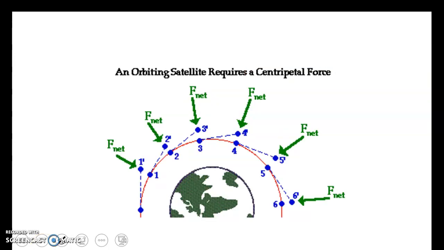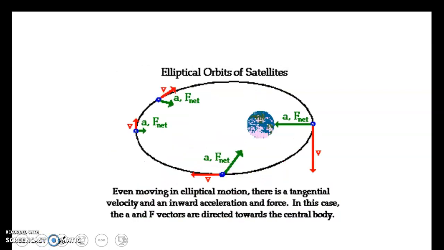Now, this centripetal force keeps a satellite in orbit, because our satellite wants to go off at a tangent, but there's an inward force pulling it back in, and that force, of course, is gravity. So our centripetal force in this case is gravity. With an elliptical orbit, it's very similar, except we're not always at right angles.